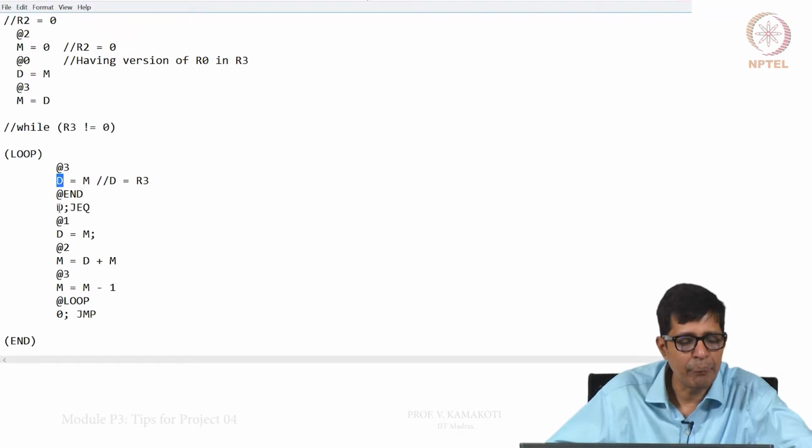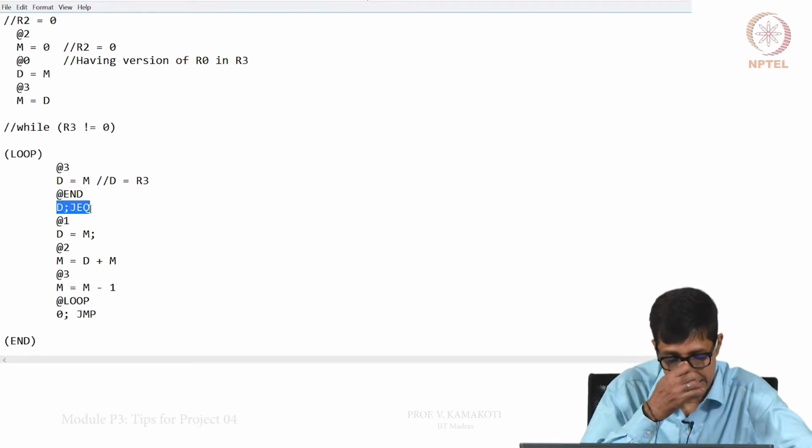Now, I am comparing D whether it is equal to 0, JEQ, and when D is equal to 0, that means I have to break this loop. So, I have to jump to end. So, at end, the address register A gets the value of the symbol END, and I say D;JEQ. D;JEQ essentially means what?